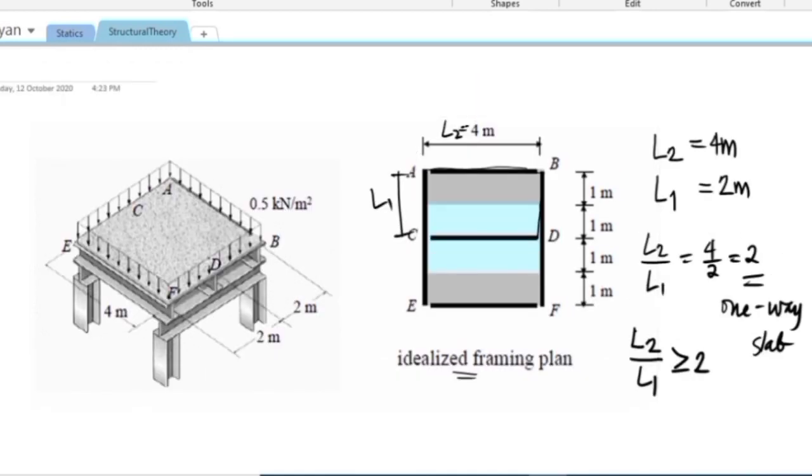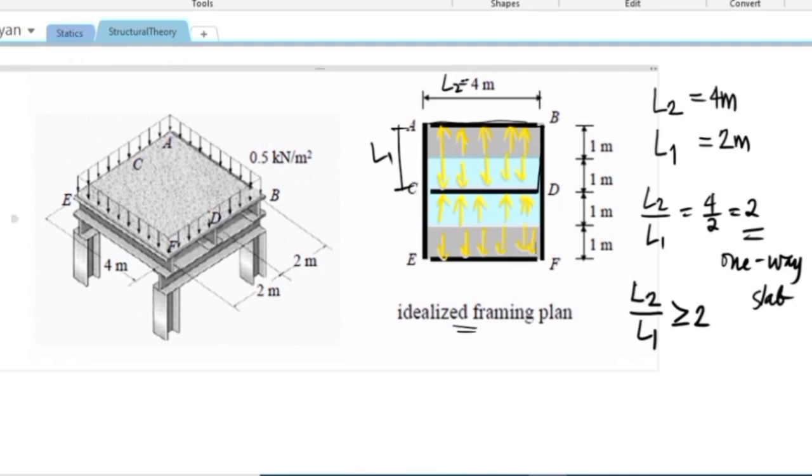Since this is one-way slab, kalahati ng load ay mapupunta kay AB at kalahati ng load ay mapupunta kay beam CD. Kalahati naman dito ay mapupunta kay beam CD at kalahati dito ay mapupunta kay beam EF. So makikita natin dito that the magnitude of the load na matatanggap ng beam AB natin is just the same with the magnitude of the load na matatanggap ng beam EF.